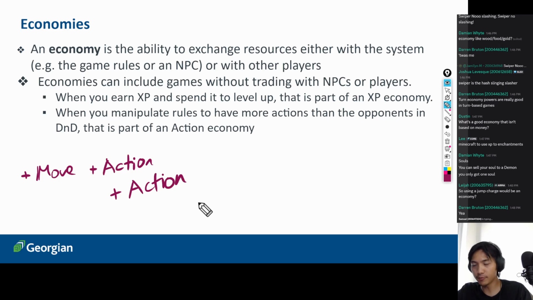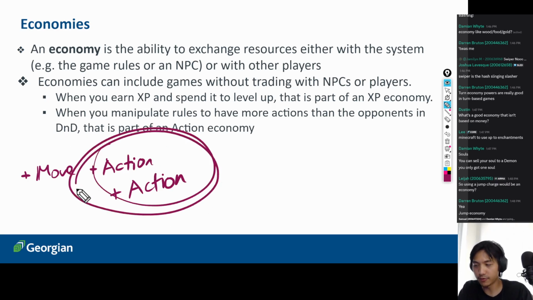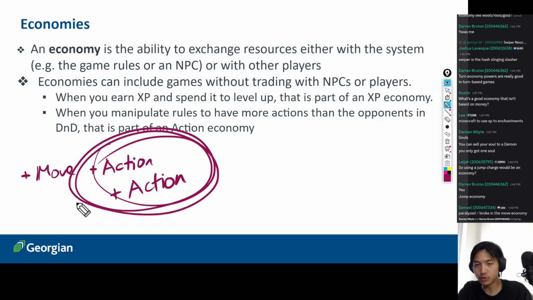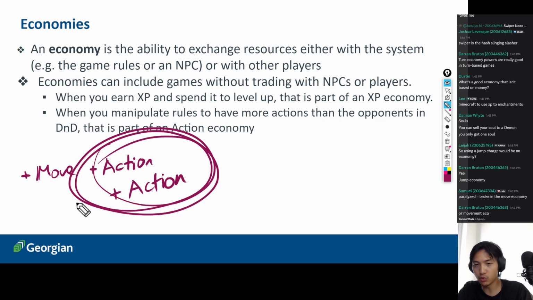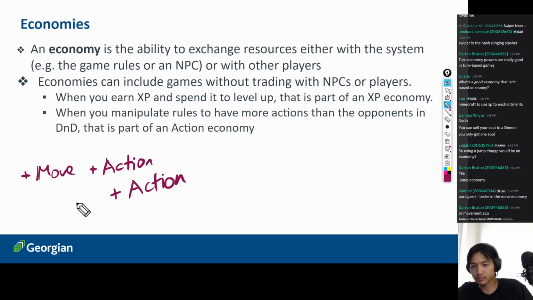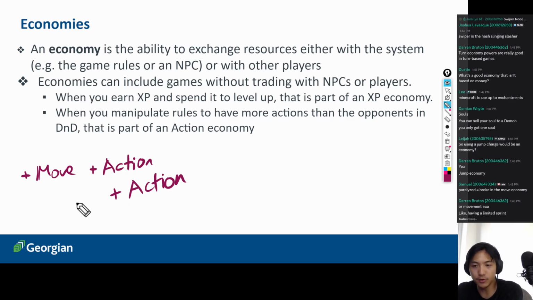And if you ever played a game like this, it is extremely powerful. Being able to do two things where an opponent can do only one thing is really powerful, right? Or being able to stop your opponent from taking an action, right? If you can bind them or make their action worthless or something like that, that is a big deal.